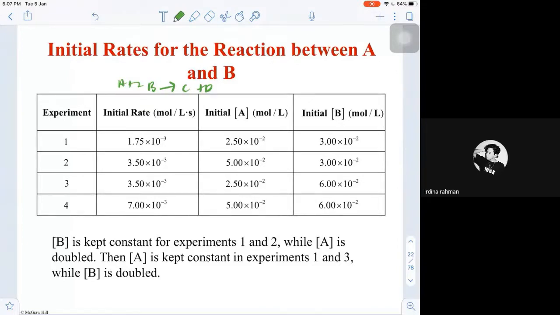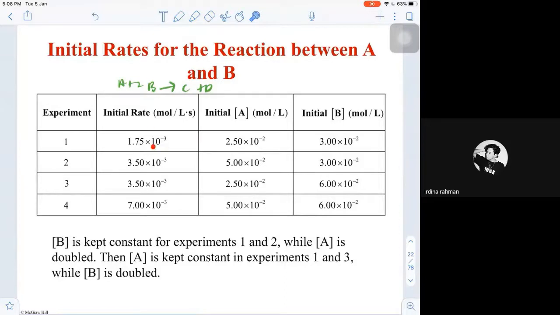Look at the data in the first series of the experiment. They are using a concentration of A of 2.5 exponent negative 2, and the concentration of B is 3 exponent negative 2 molar, and they measured the rate of this reaction as 1.75 exponent negative 3 mole per liter per second.